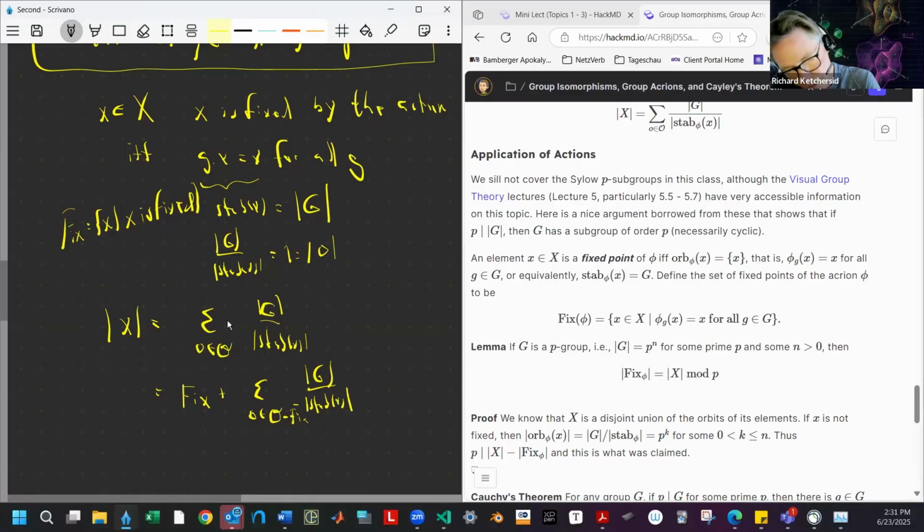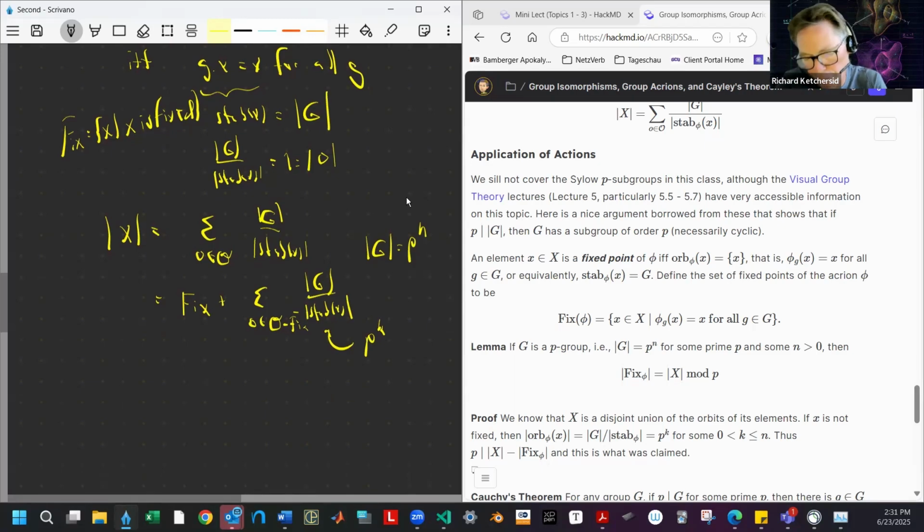And the point is this. If G is a p-group, if G has size p to the n, then all of these things have size p to the k for some k, because the only subgroups you have are of order a power of p. These aren't one, so they are divisible by p. So in particular, we get that p divides the size of X minus Fix, the number of fixed elements.